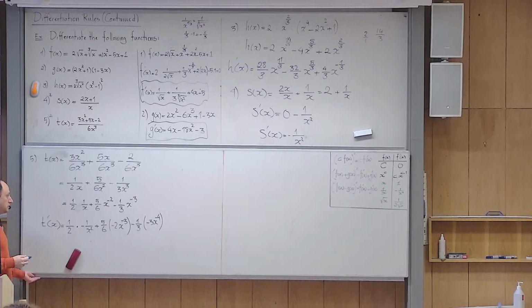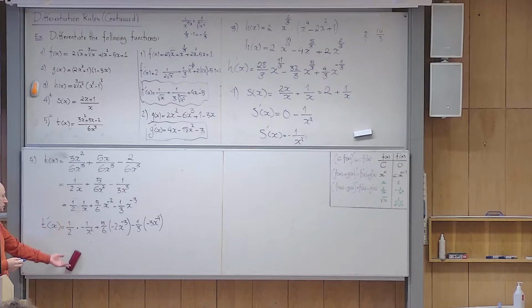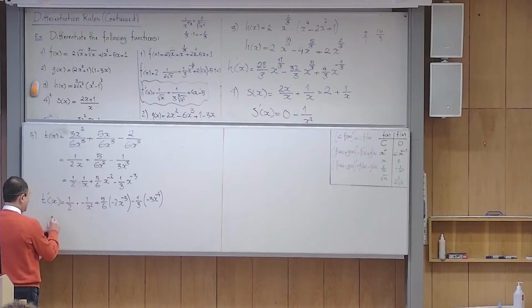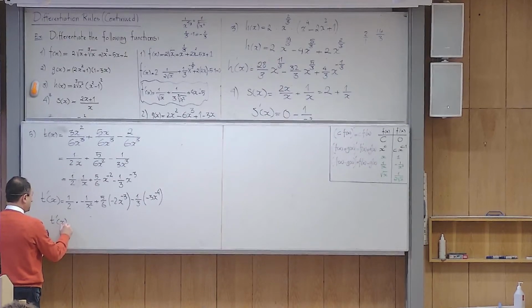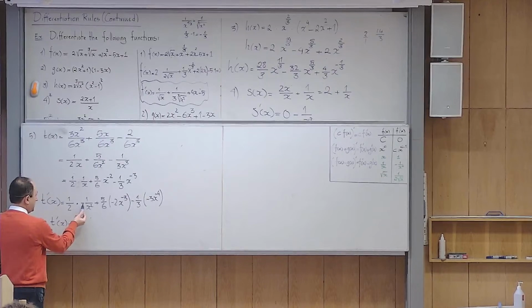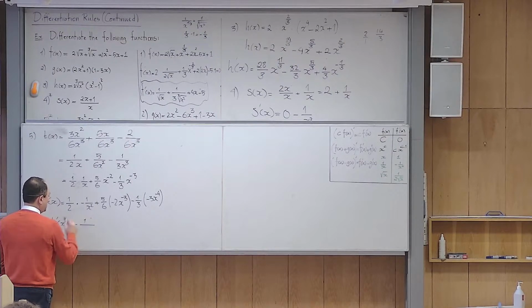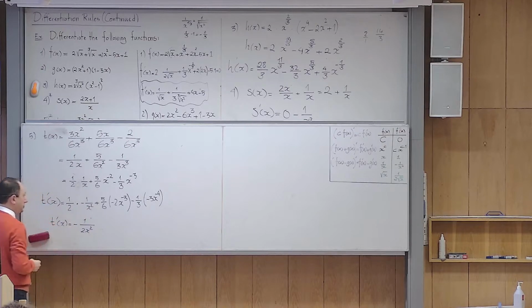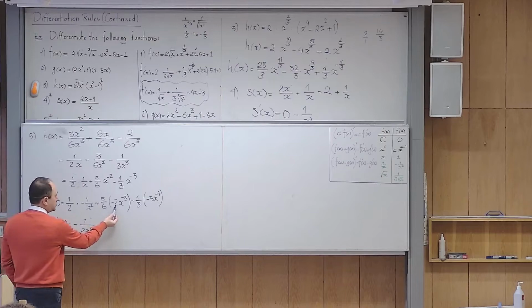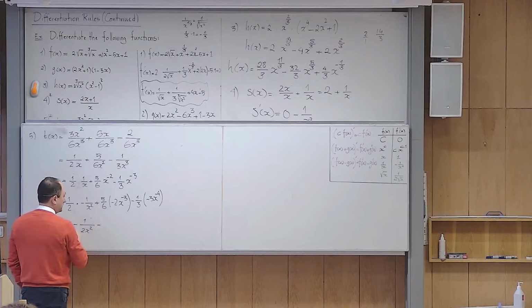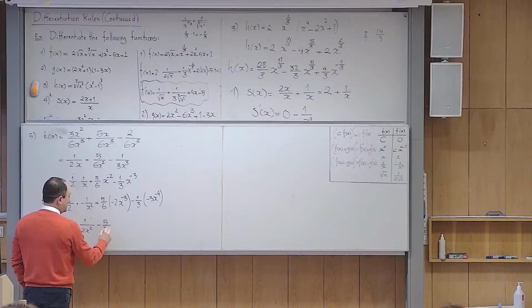Differentiation is finished because you see there is no prime left, but you need to simplify as well. So let me just simplify that. So the t prime of x becomes equal to this minus positive. So when I multiply them, it becomes negative. 2 will be multiplied here. Of course, 1 will also be multiplied there. And this minus 2 here and 6 are simplified. 3 is left in the denominator. Positive, negative multiplied becomes negative 5 over 3.